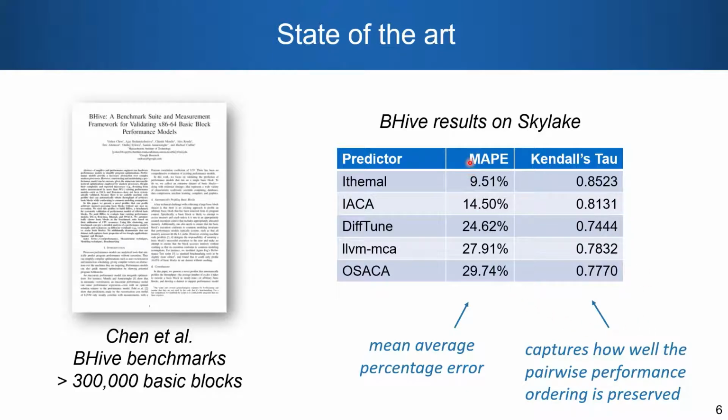For the average error, they found that it lies between 9 and around 30% for predictions for the Skylake microarchitecture. And so at the beginning of our work, we were wondering how good an accuracy in this range actually is. How difficult would it be to develop a predictor that is competitive or even better?